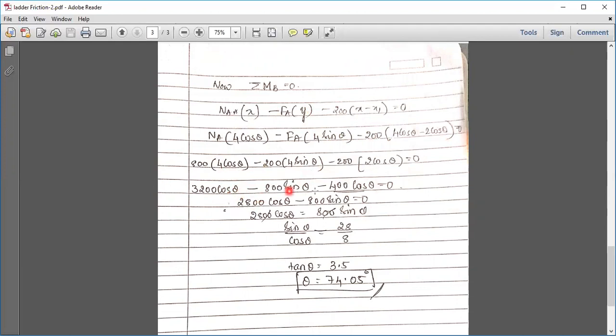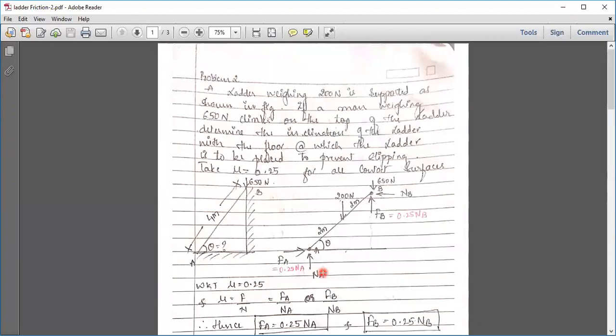Open the brackets, and we end up with an equation in cos and sin alone: 2800 cos theta minus 800 sin theta equal to 0. I'll take the hundreds out. 28 cos theta is 8 sin theta. Sin by cos is 28 by 8. So tan theta is 3.5. So theta you get 74.5. So this is the value of the inclination at the base at which I will avoid slipping.